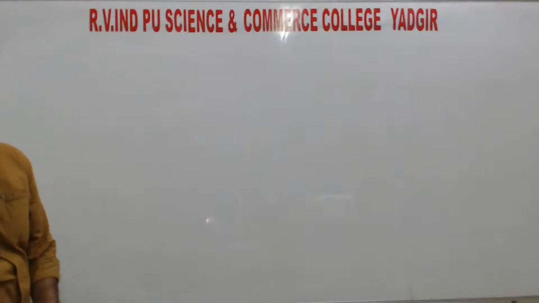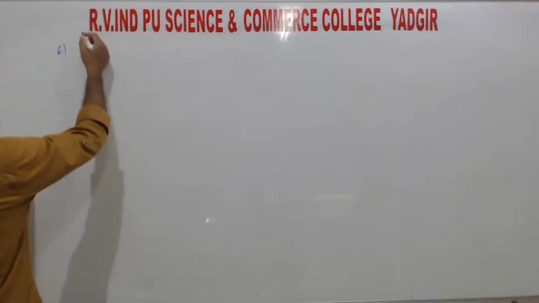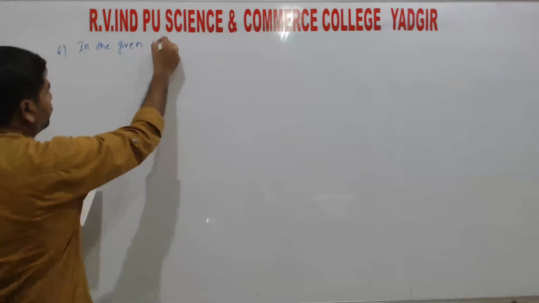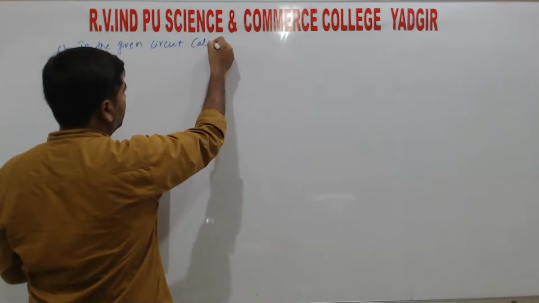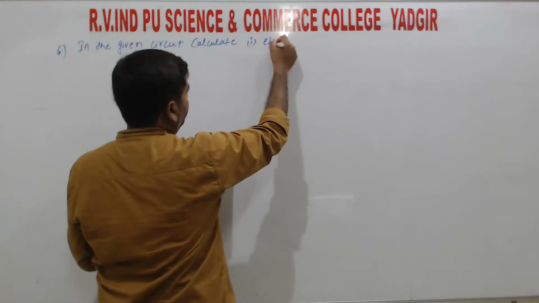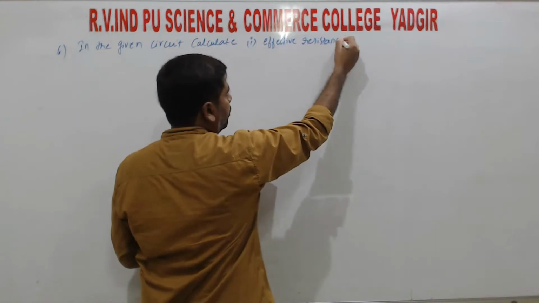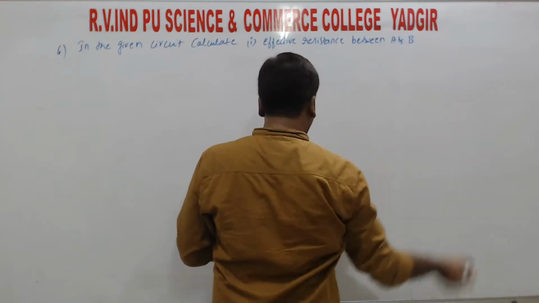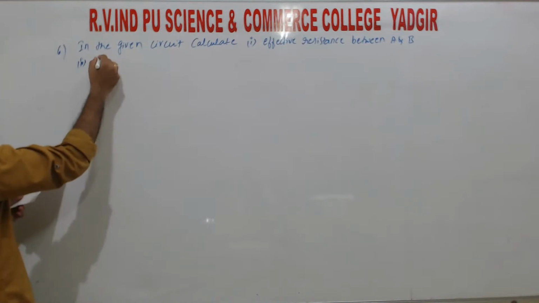We go to the next problem, the 6th one. In the given circuit, calculate: in the first one, the effective resistance between A and B. In the second one, the current through the circuit.